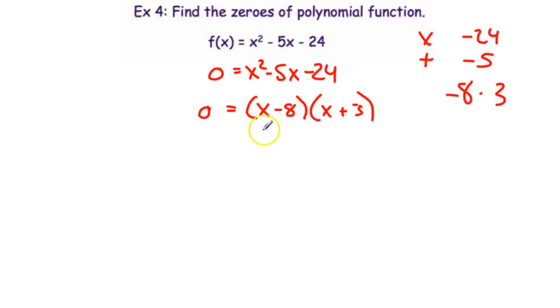And now I set each of these equal to 0. And you could always, let me just check actually, to make sure I did it right. X times x, x squared, negative 8 times plus 3, negative 24, negative 8x minus 3x, negative 5. All right, so I checked. That's good.